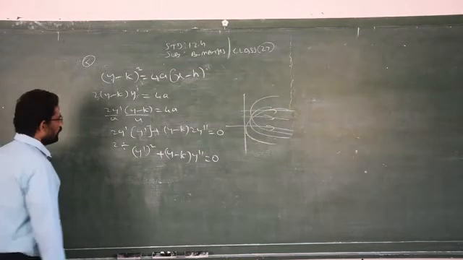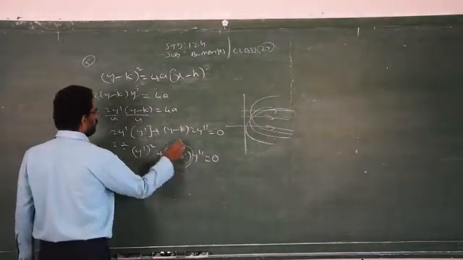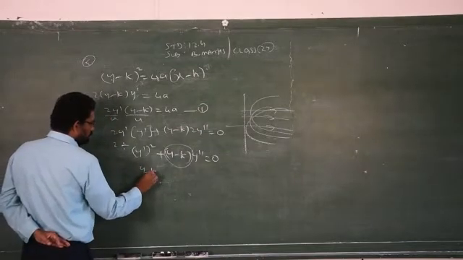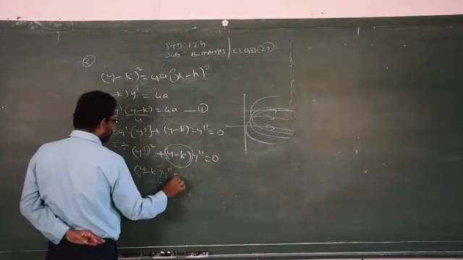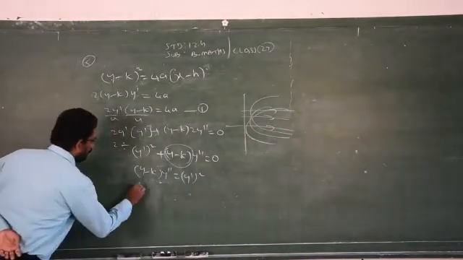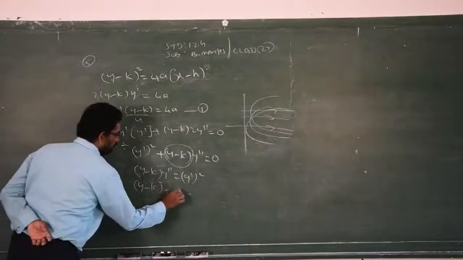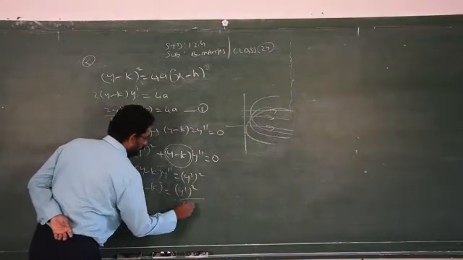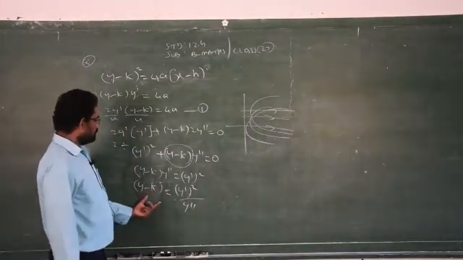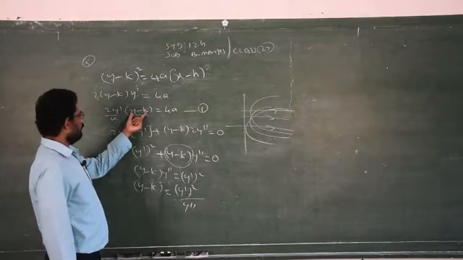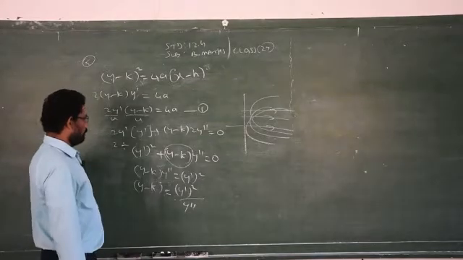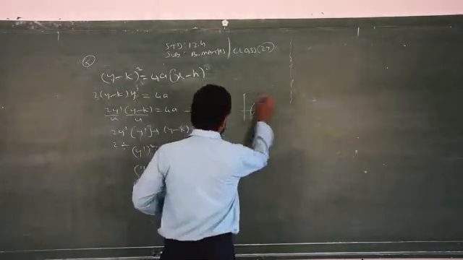Clear? Now I have to find y minus k, so that I can easily replace it in equation number 1. So, (y minus k) y double dash is equal to minus y dash square. So, y minus k is equal to minus y dash the whole square by y double dash. Now we can replace y minus k by y dash the whole square by y double dash.